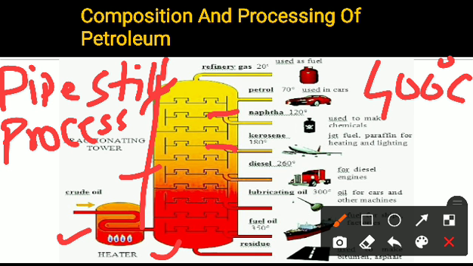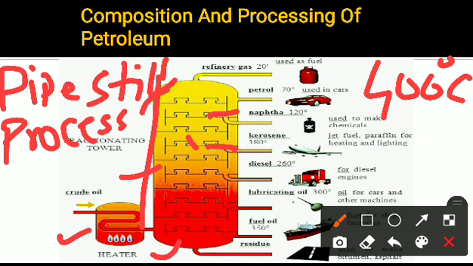Next, the tower is fitted with a large number of horizontal trays at a short distance. You can see here these are the horizontal trays, with a very small distance between them.